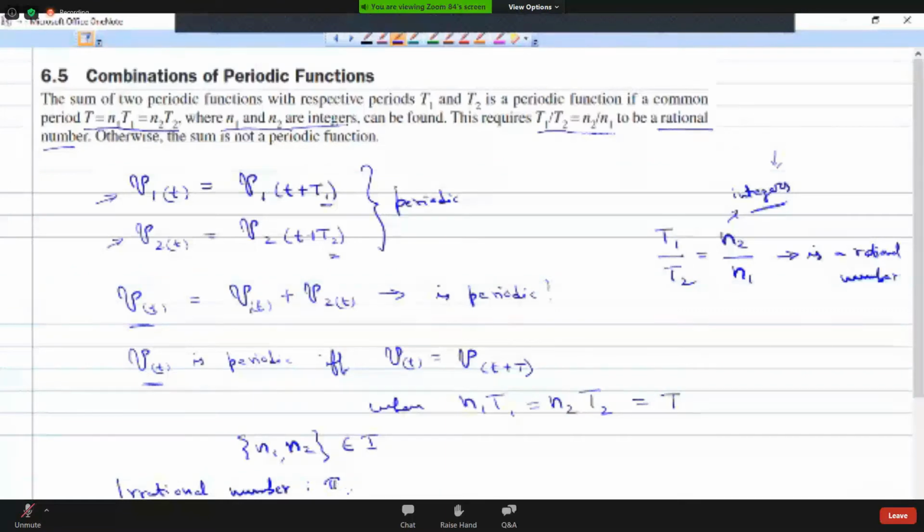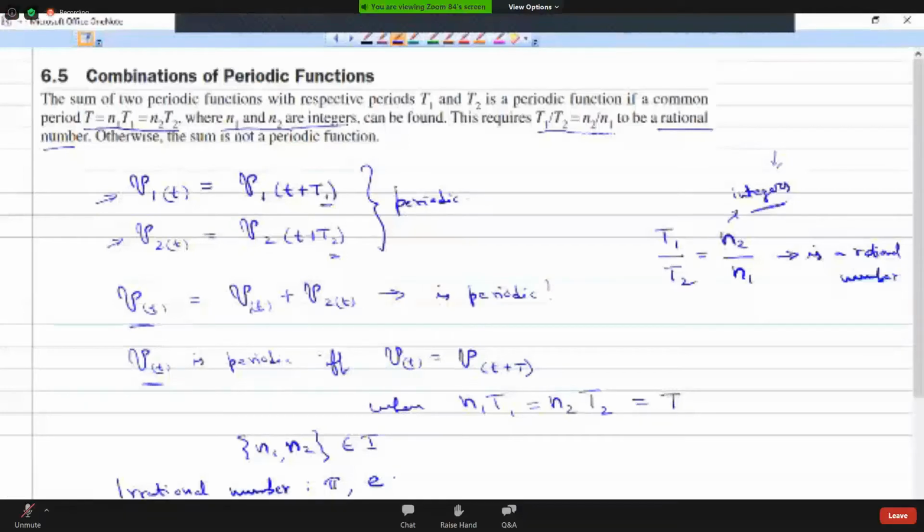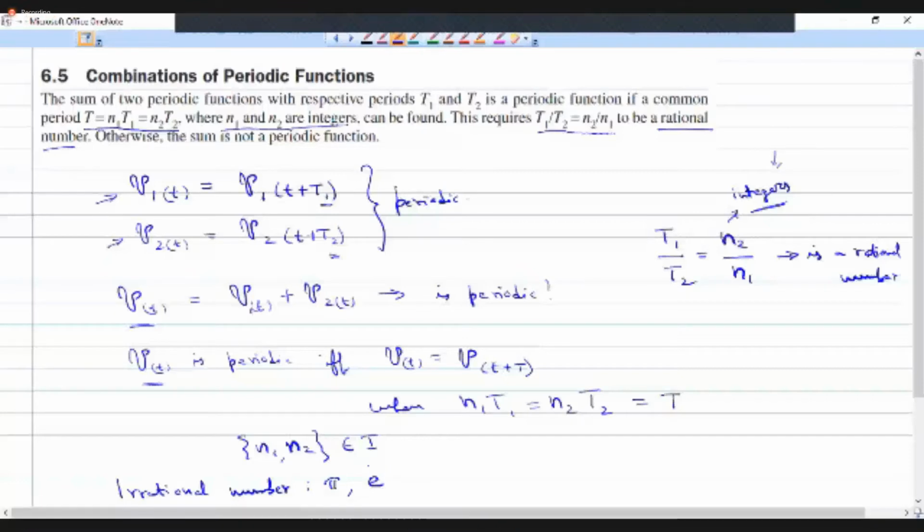The second most common example that we use in our BTech is Euler's number, that is E. I hope that you know the value of E. You can find it in your scientific calculator. We cannot express the value of E in terms of a ratio of two integers. There are very interesting websites which give a lot of interesting concepts on E and pi.